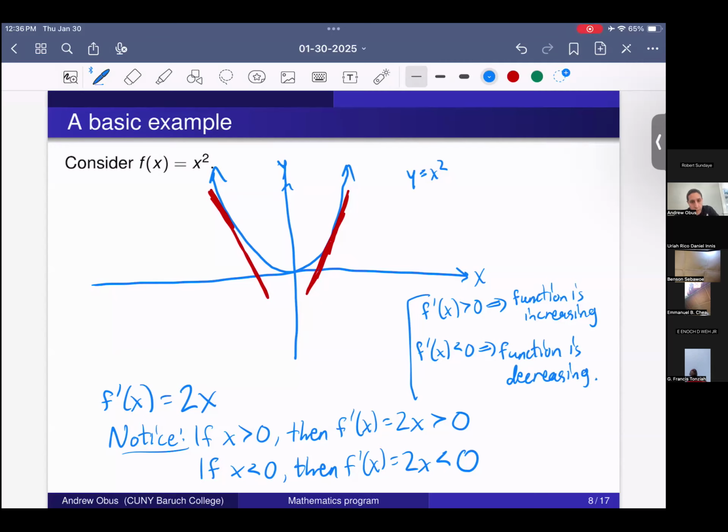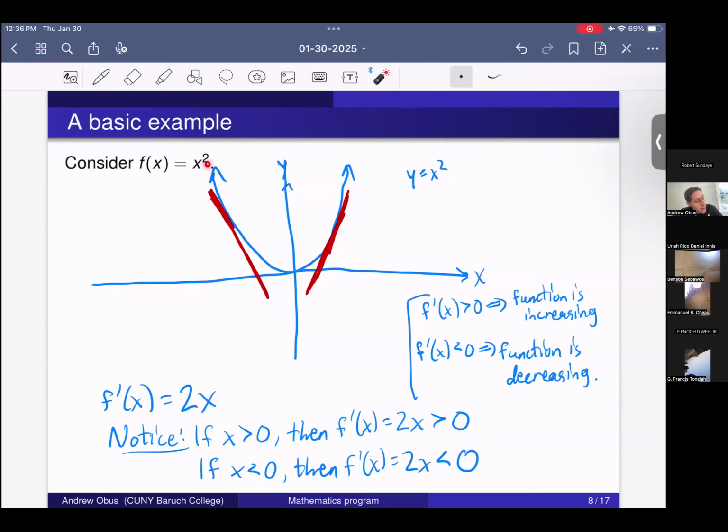F prime of x is greater than 0 means the function is increasing. F prime of x is less than 0 means the function is decreasing. And this is what we see with the parabola.